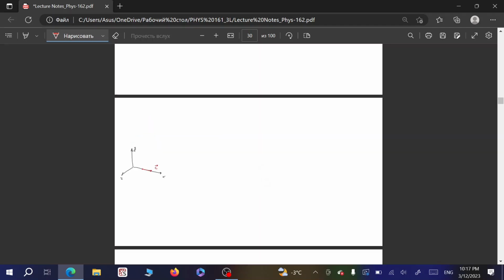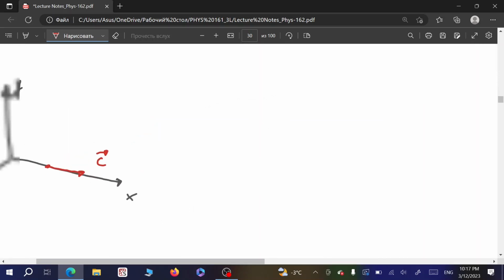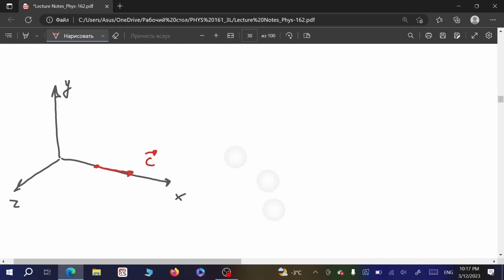Then we have electric field vector E and magnetic field vector B. It is obvious that electric and magnetic field vectors are perpendicular to each other.